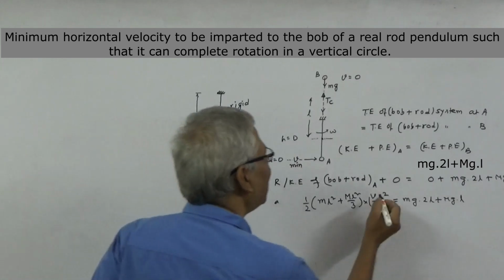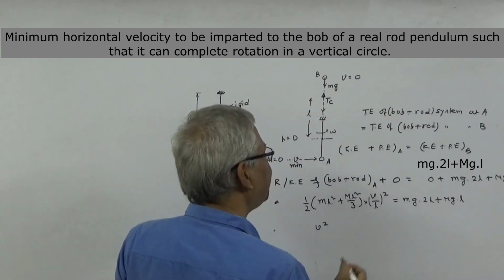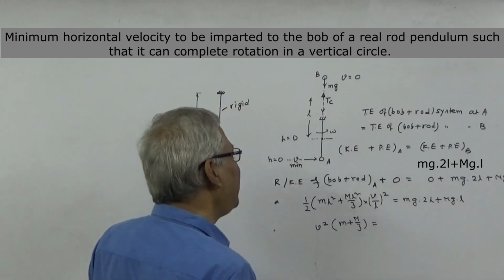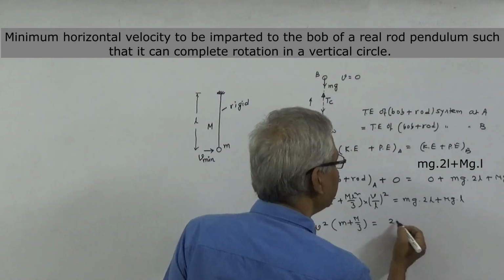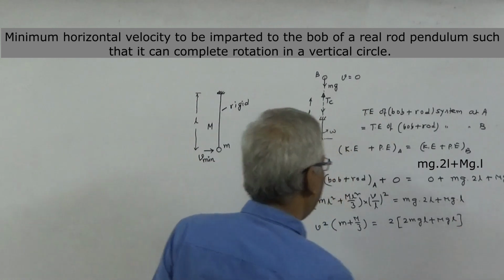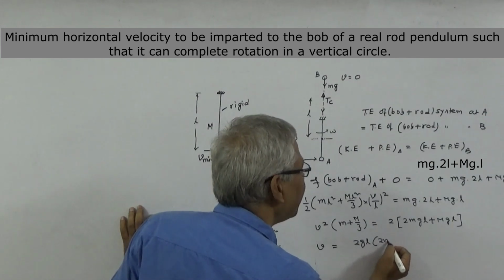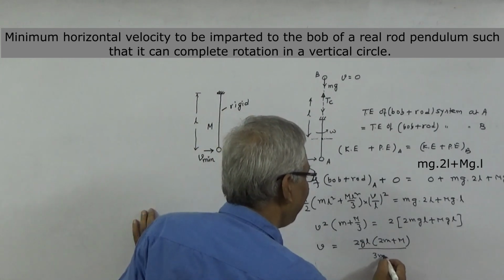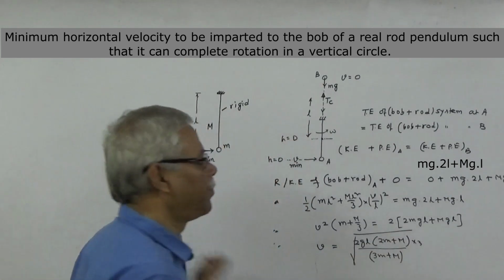Okay, so we can easily calculate v now. L² will cancel: v² (m + M/3) equals 2 into (2mgL + MgL), or v equals the square root of 2gL(2m + M) divided by (m + M/3), that is 3(2m + M) over (3m + M), whole root.